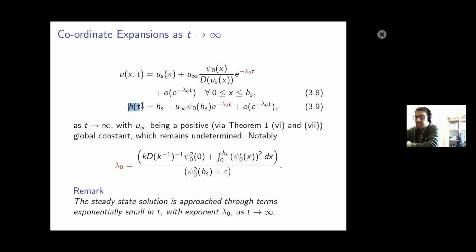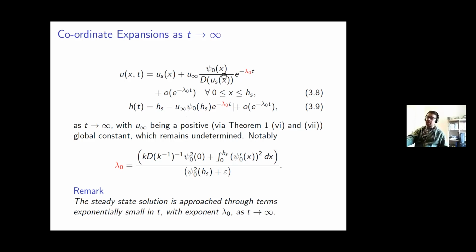Similarly, h is equal to its steady state and this exponentially decaying term as t tends to infinity. And so this tells you that actually the convergence to the steady states is happening really quickly for this particular problem. Exponential convergence is about as good as we can expect for this particular problem.